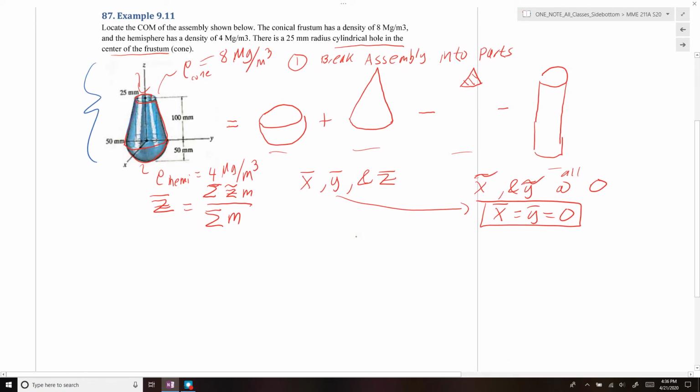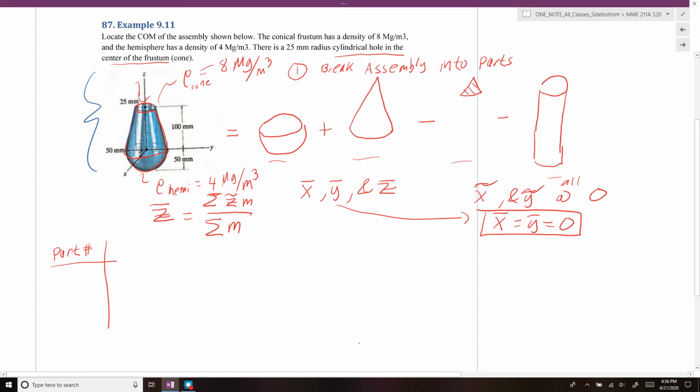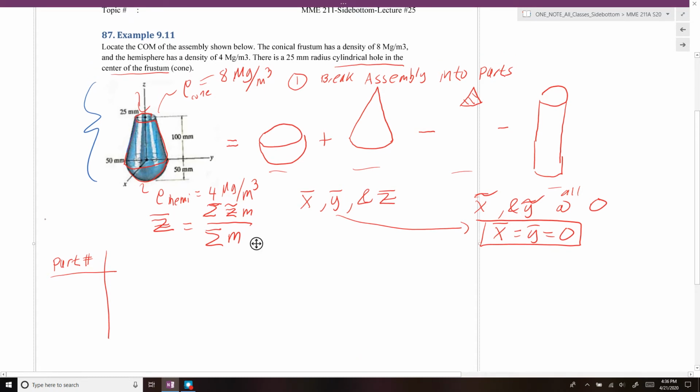We have 4 parts, so our last step is to calculate z tilde and m for each, then sum up z tilde m and our total mass of our system in order to determine our body here.